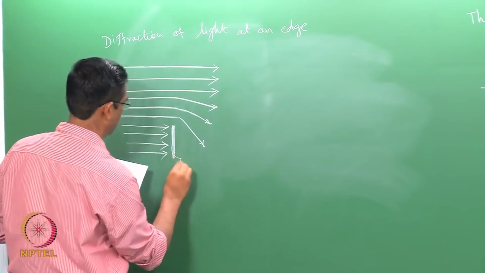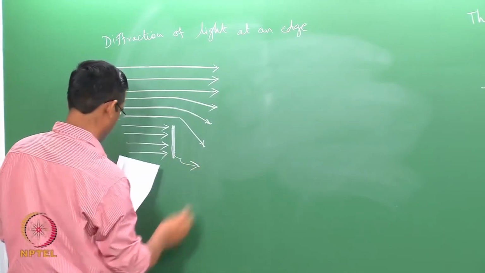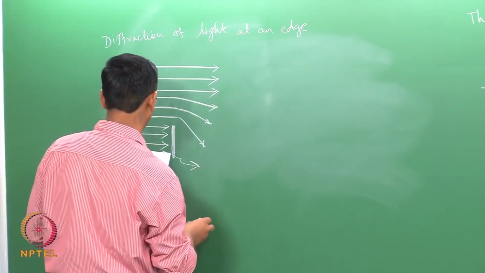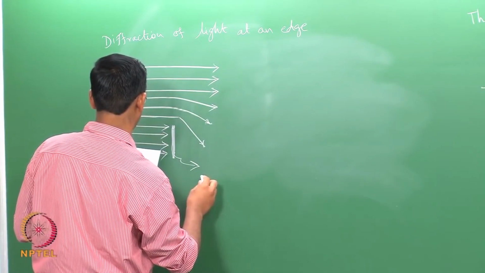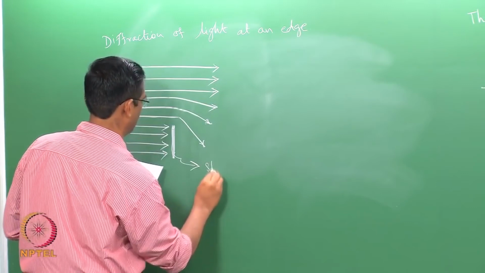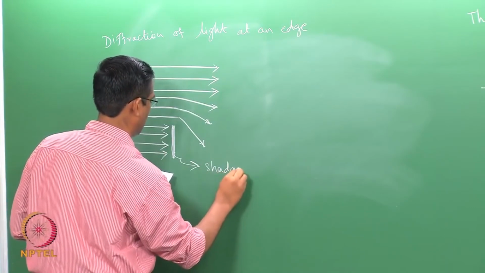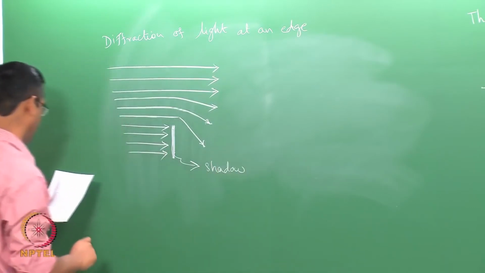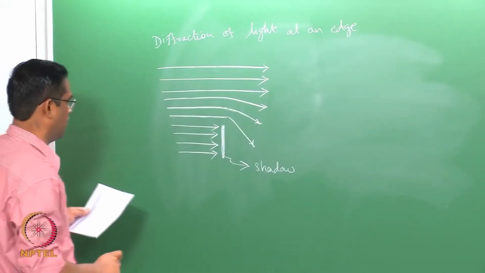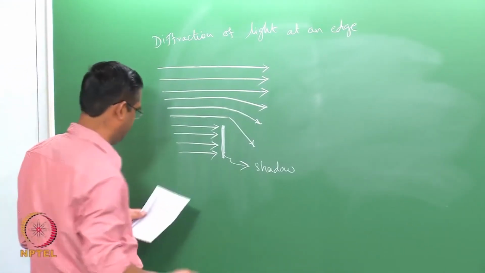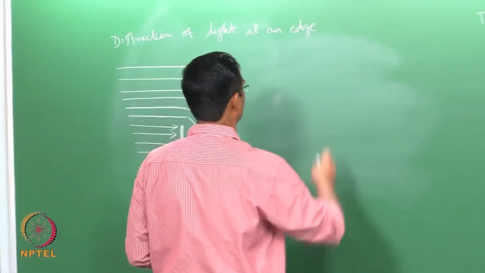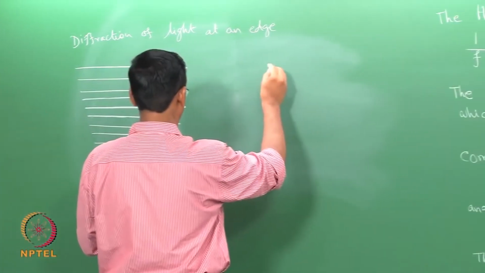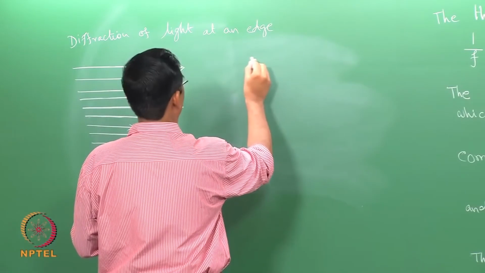This is the shadow which causes the diffuse light. I will also draw some more schematics which clearly show this effect.